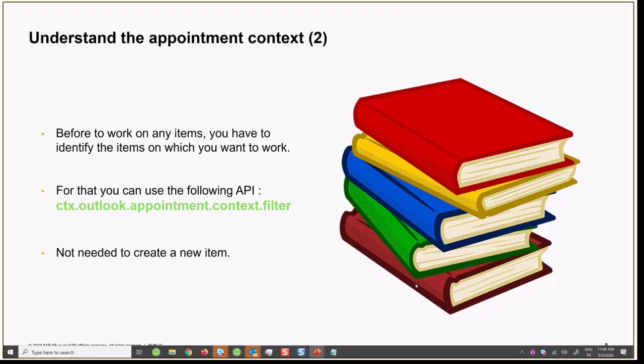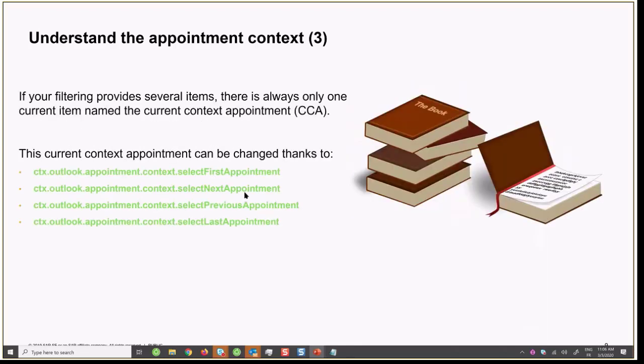You have to start with one book, then switch to another one, maybe come back to the first one, etc. To do that, we have the methods select first appointment, next, previous, and last. That means at one point in time you have one current book, or in our case, one current context appointment. And then all the actions that you do will be on this current context appointment.